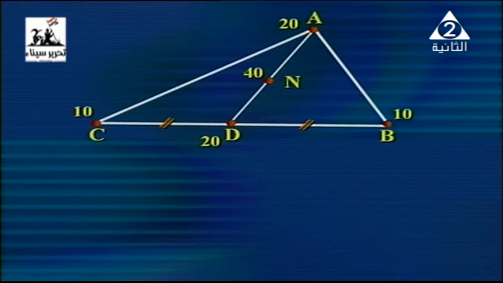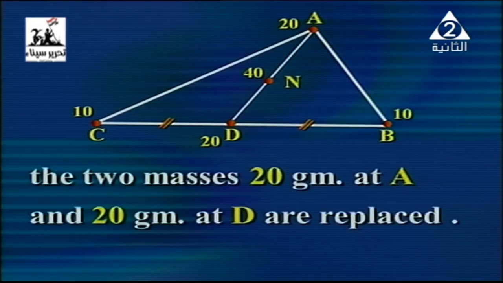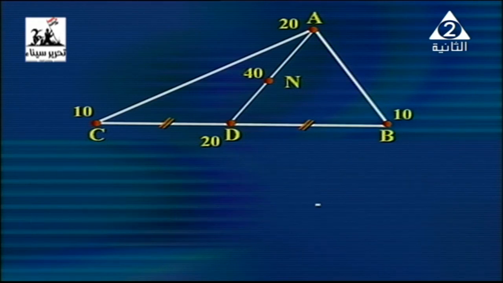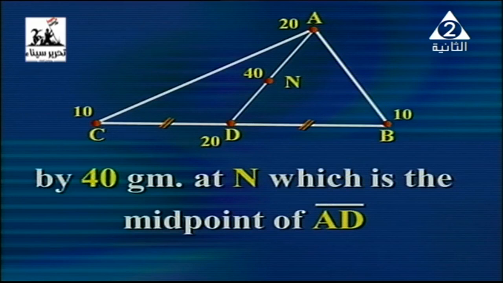Look at figure 2. Point D is the midpoint of BC. A is 20, B and C have mass 10, D is the midpoint of BC. The two masses, 20 gram at A and 20 at D, are replaced by 40 gram at the midpoint N, which is the midpoint of AD.